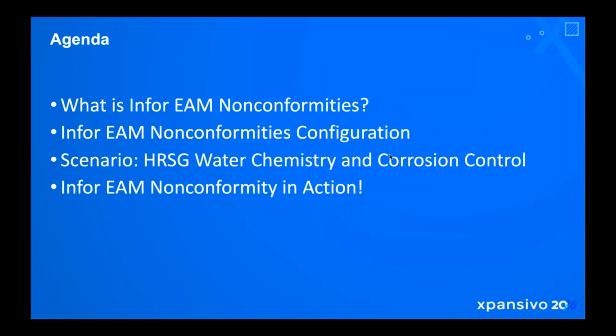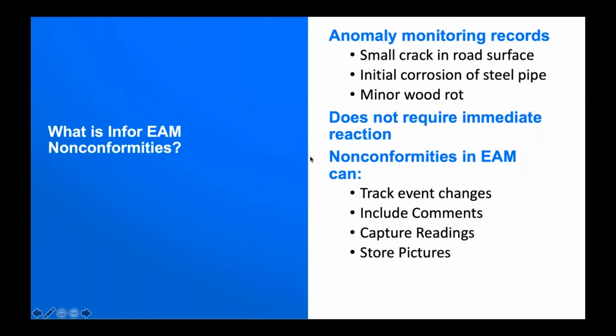So let's start over here. What is Infor EAM nonconformities? During our day-to-day, we typically see anomalies. We typically see events that we are encouraged to capture the data for, encouraged to report in some way to the upper management, because we want to study that behavior and what is happening out of that.